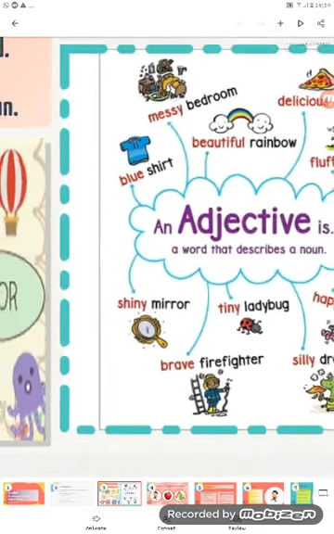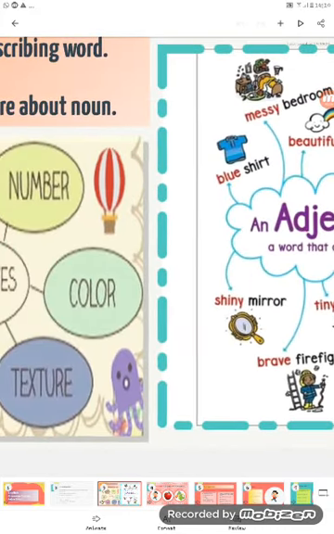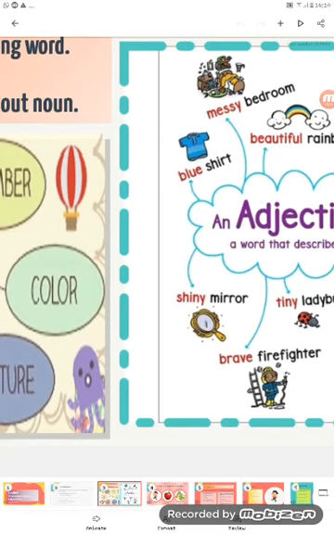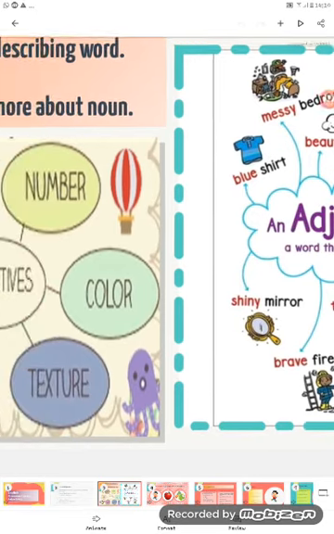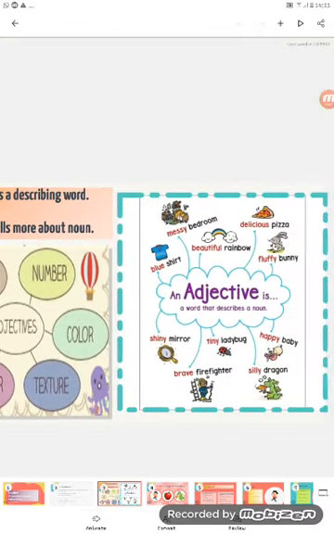Okay. A brave firefighter. Here firefighter is a noun, and brave is an adjective. Why? Brave is actually telling the behavior of the firefighter, the quality of the firefighter. Here you can see the various examples.